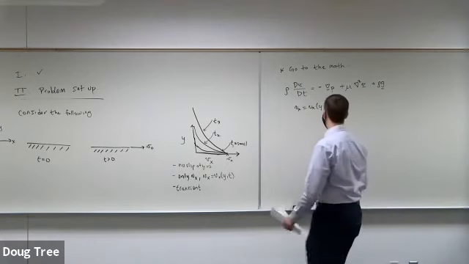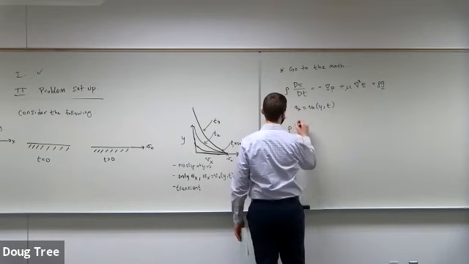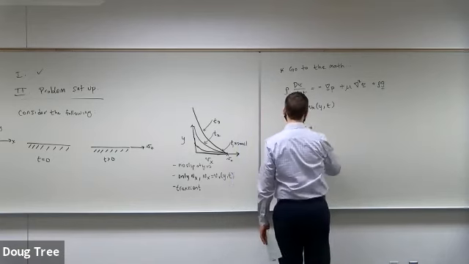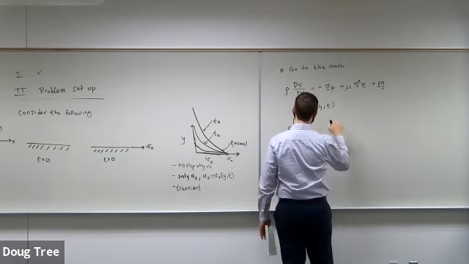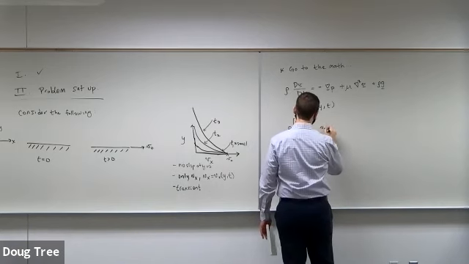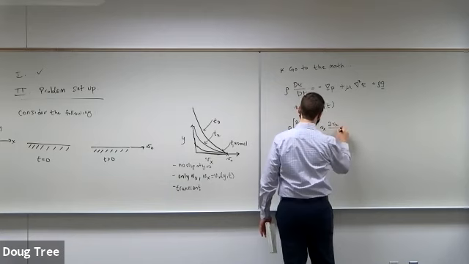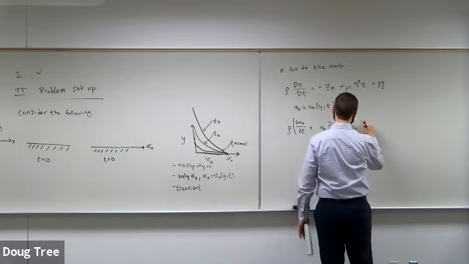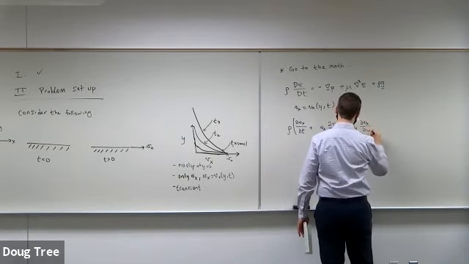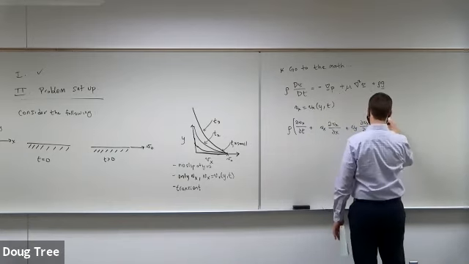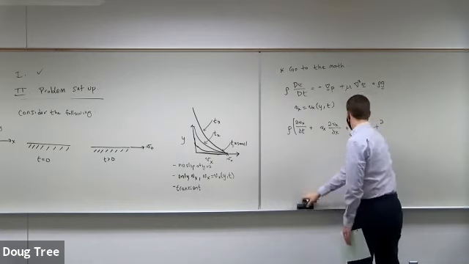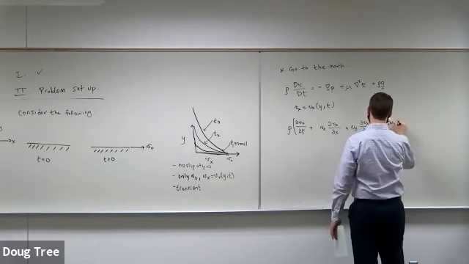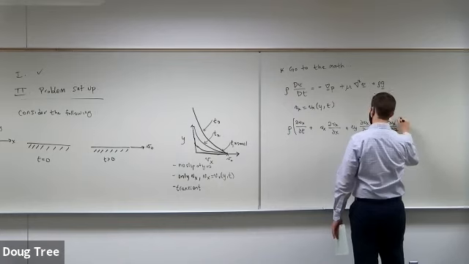It'll be rho dvx/dt plus, with v dot grad v, vx dvx/dx plus vy dvx/dy plus vz dvx/dz.